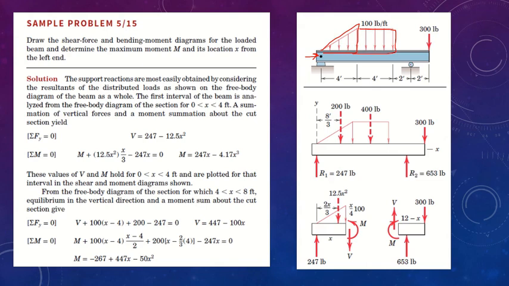So for the triangle, you know the overall area of the triangle is the base, 4 feet, times 100 pound per foot divided by 2, so you get 200 pound force acting downward. Now where is the center of this triangle? As you all know, 1/3 of the distance from its base.